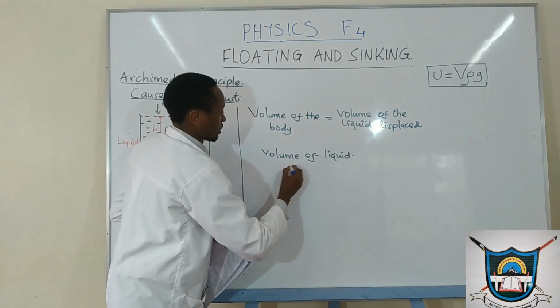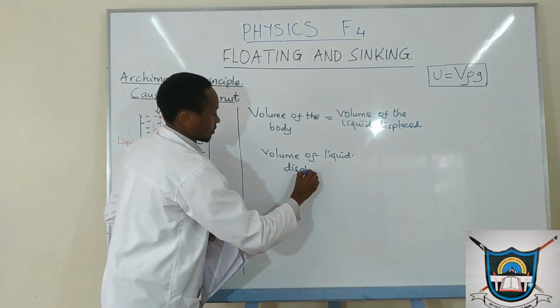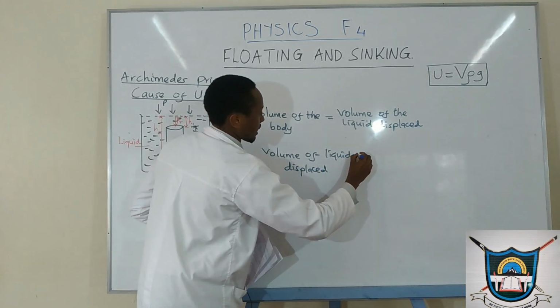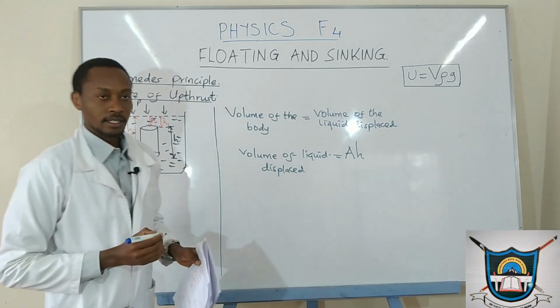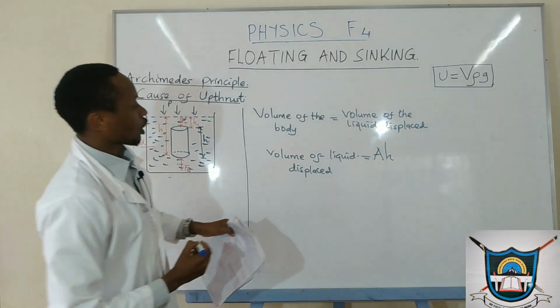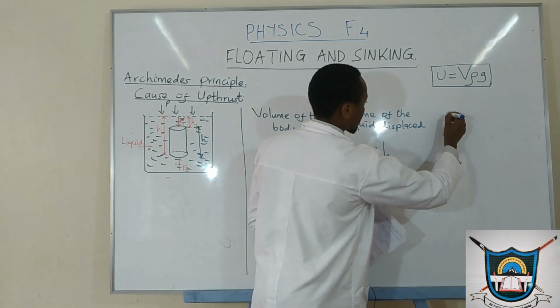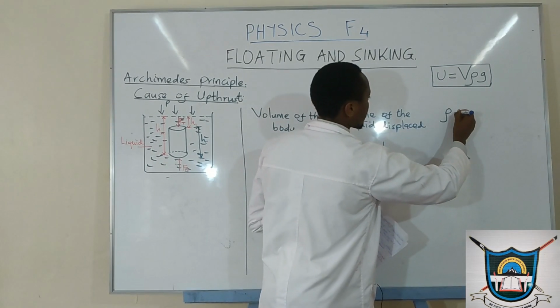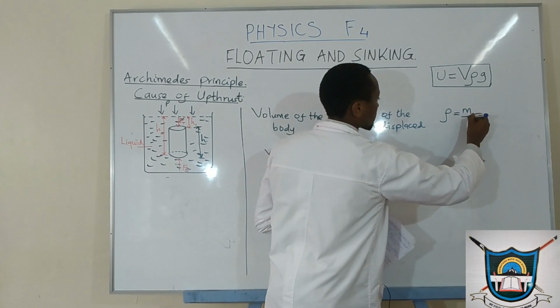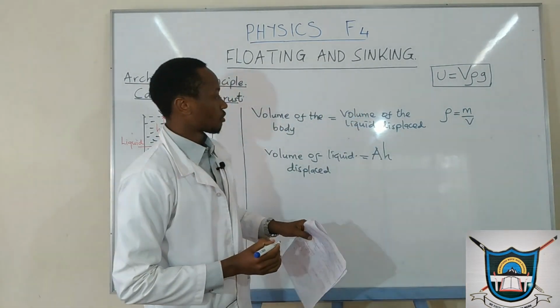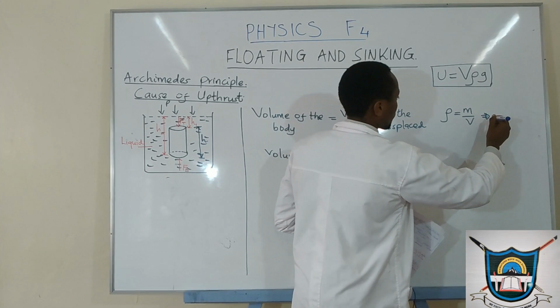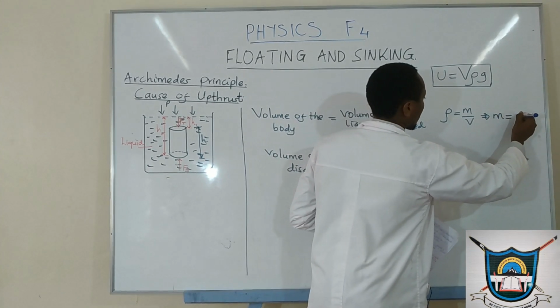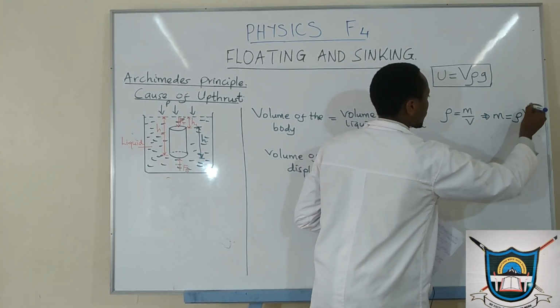We say that it is the area times height. That is true. But also we know that in Form 1, we learned that density is given by mass over what? Volume. Therefore, we can make M, the mass, the subject of the formula. So M is given by density times volume.